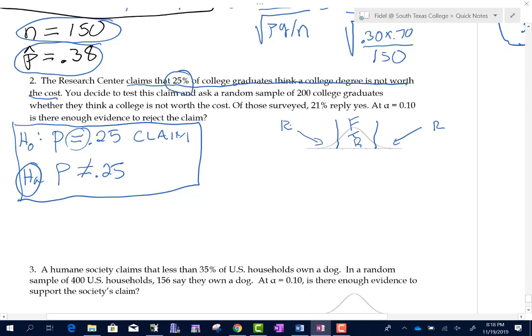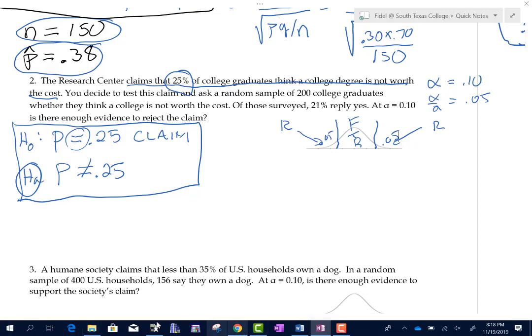My question to you is, if our alpha is 0.10, how do we find the little pieces here? Divide them by 2, right? So alpha divided by 2 would be 0.05. So this is going to be 0.05 and 0.05. If I'm going to find those two critical values, there's going to be two of them. One's going to be negative, one's going to be positive.